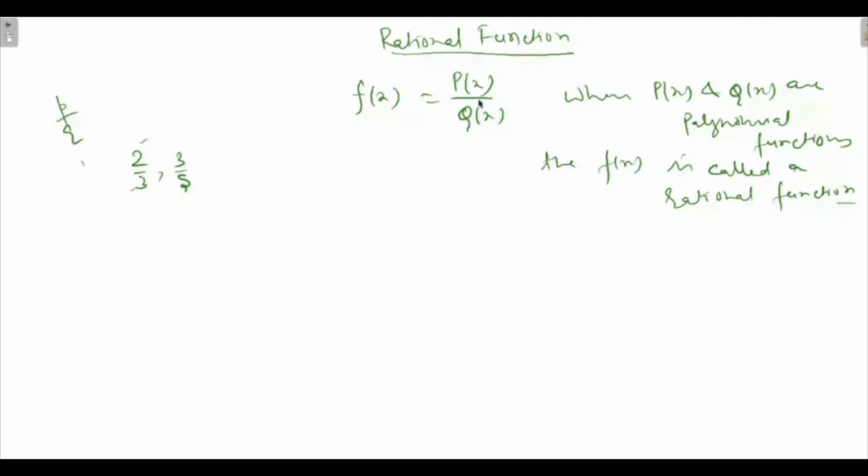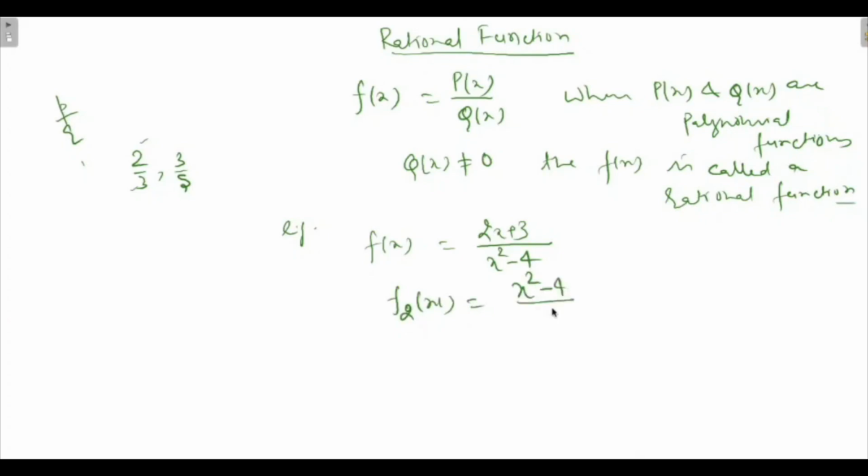Here, this p(x) and q(x) have to be polynomial functions, and q(x) should not be 0. Then only this is a rational function. So an example of this would be f(x) is (2x + 3) divided by (x² − 4). Then you can have another, say (x² − 4) divided by (2x + 3).